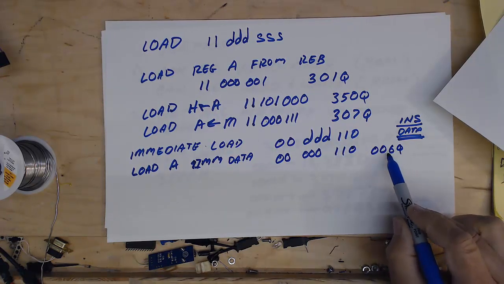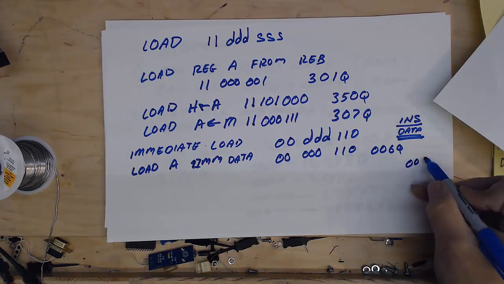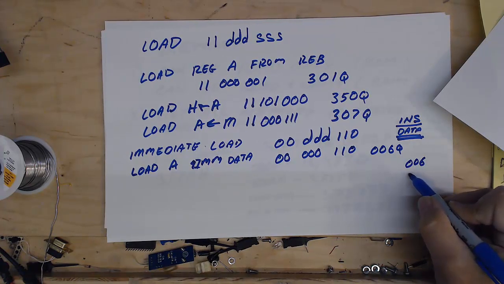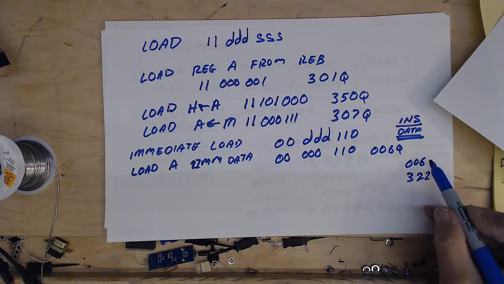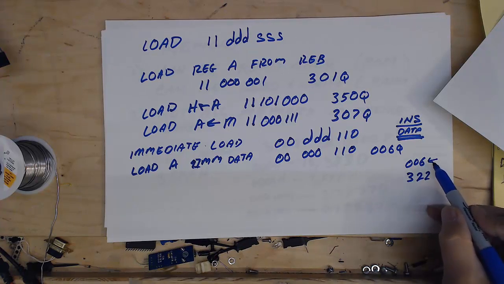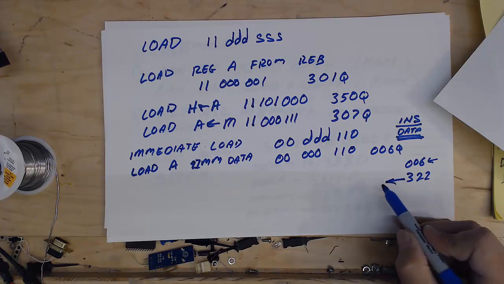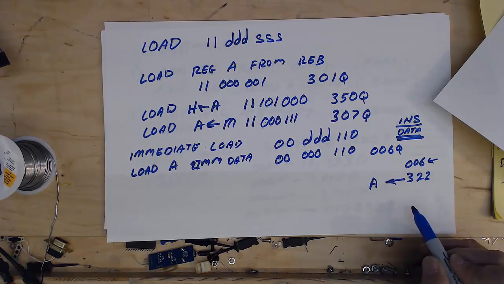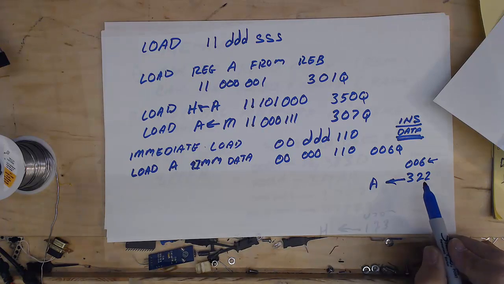So in our memory, we will have a 0, 0, 6, and then let's say our next one is 3, 2, 2. What that will do is it'll do this instruction, which says take the next byte and put that in register A. So this will take the 3, 2, 2 and put that in register A. So after we've completed that instruction, register A has the value 3, 2, 2 in it.